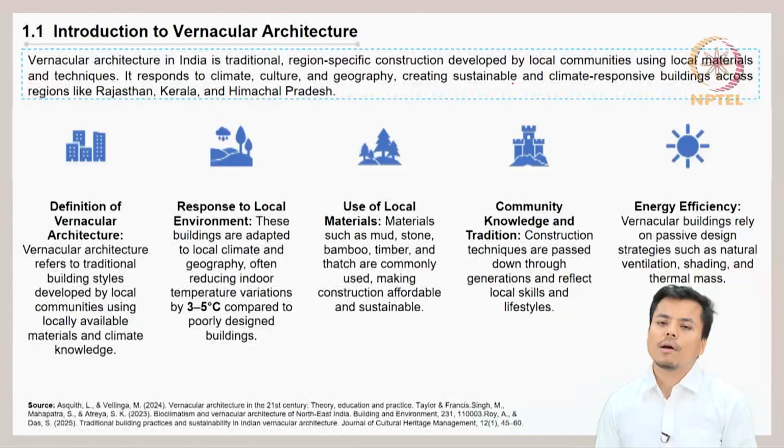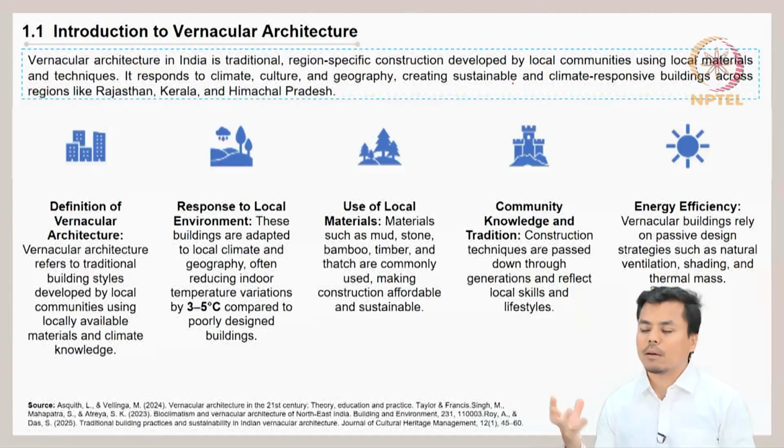These are the two factors which are very much part of a vernacular architecture. The first is the availability of local material, and the second is the role of the local climate in that particular region.